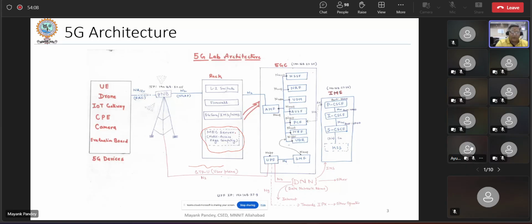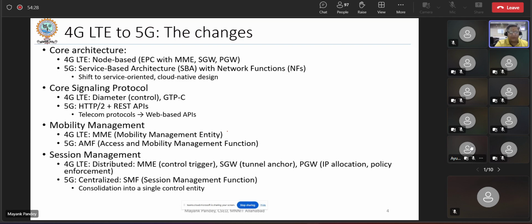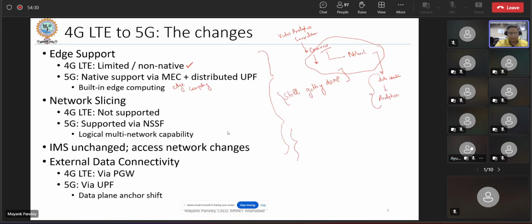Means you are not required to have a separate data center to deal with cameras or IoT or something like that, or drones. You can have your analytics logic implemented within the 5G core. That is the biggest change from 4G to 5G.